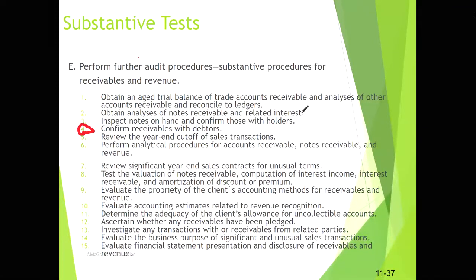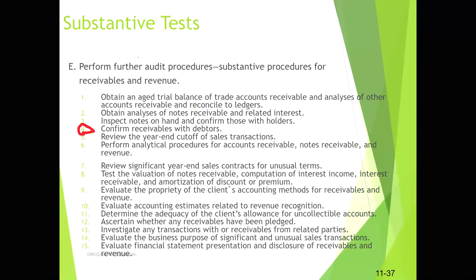And so then what we're expecting is for that individual or that company to reply back and say either yes, that is an accurate amount, or no, this is the balance we show, and hopefully there's some explanation if that balance is different from the balance on the company's records.